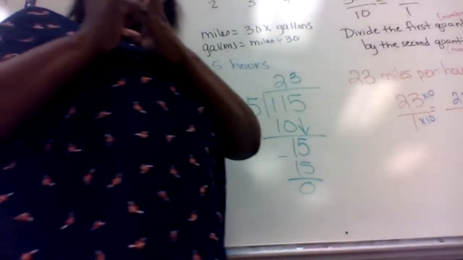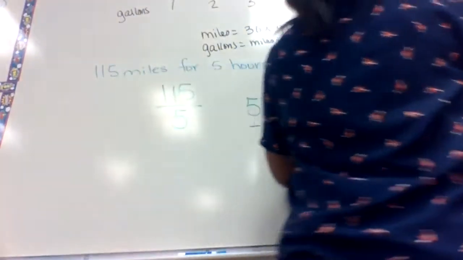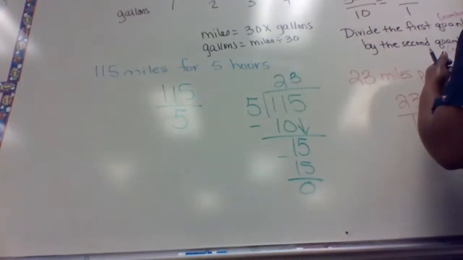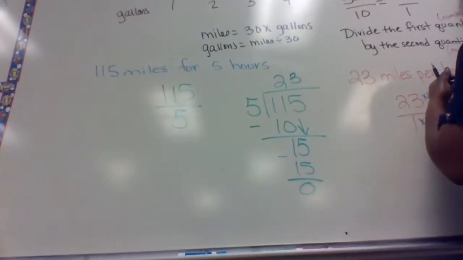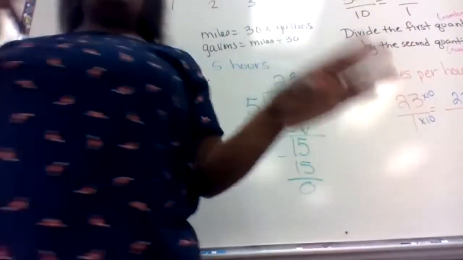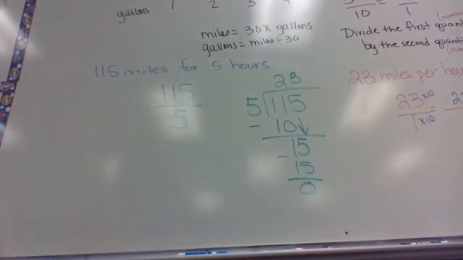So when I say divide the first quantity, I mean take my first number divided by my second. 300 divided by 10 is 30. That's how you get a rate. You take the first quantity and divide it by the second.